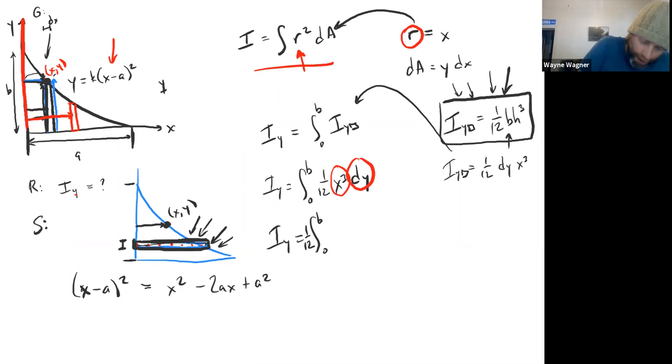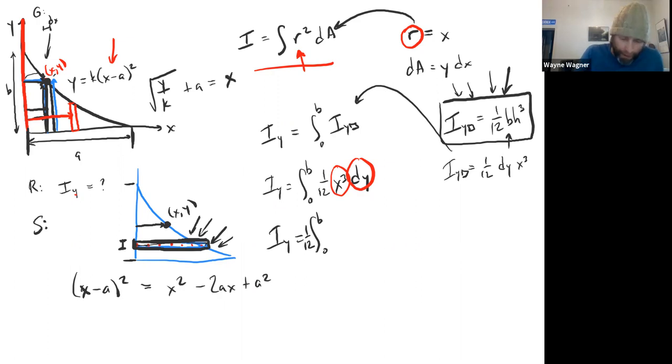I mean, for x, so it'd be the square root of y over k plus a. Oh no, we got rid of the square plus a. Right? So something like that.